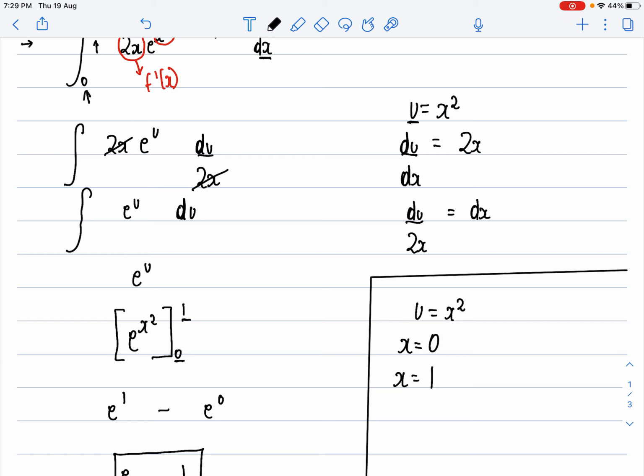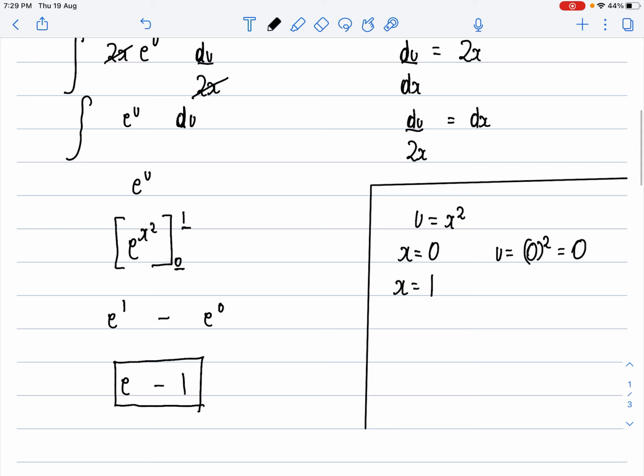So you write u equals 0 square, which is equal to 0, and u equals 1 square, which is equal to 1.